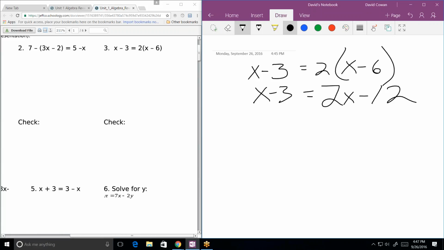So it makes more sense to take this x that's on the left and move it to the right by subtracting x from both sides than it does to take this 2x and subtract 2x from both sides. If we subtract 2x from both sides, we're going to have a negative coefficient in front of our x. Try to avoid that if you can. So the way I tend to think of this problem is I'm going to move my x's to the right and my numbers to the left. Well, when I do that, what do I end up with?